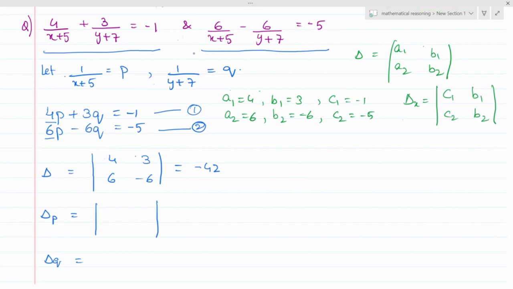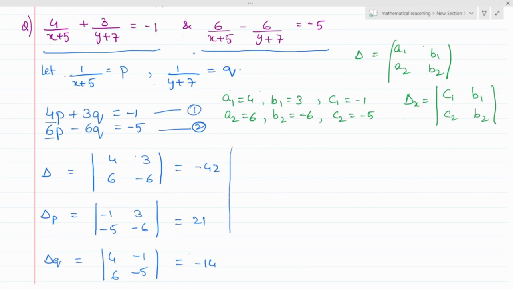Similarly, here also, instead of the coefficients of p, the constants will come, that is -1 and -5. b1, b2 remain as they are, that is 3 and -6. Similarly for delta q, a1, a2 will remain as they are, and instead of the coefficients of q, constants will come. When you calculate this, delta p is 6 + 18, which is 21, and delta q is -20 + 18, which is -14. So these are the delta values we got.